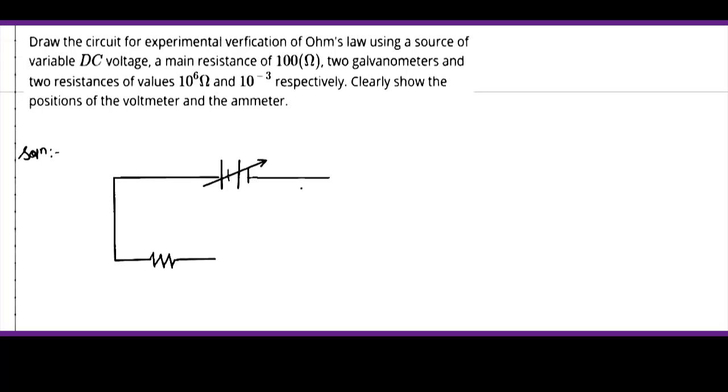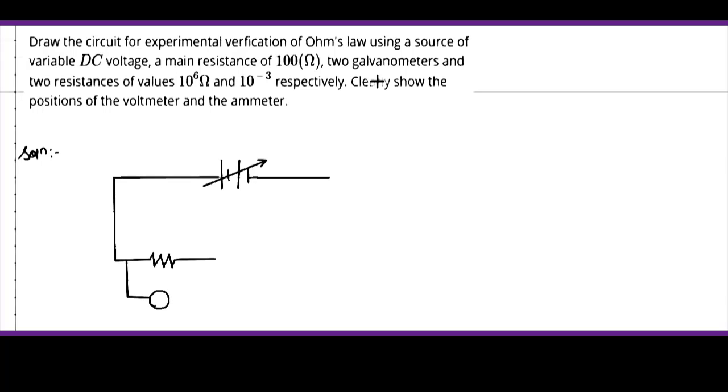Now we also know that ammeters are always connected in series to a circuit and voltmeters are connected in parallel to a circuit. Whenever we form a voltmeter from a galvanometer, we connect the galvanometer in series with a resistance, and the value of the resistance is very high.